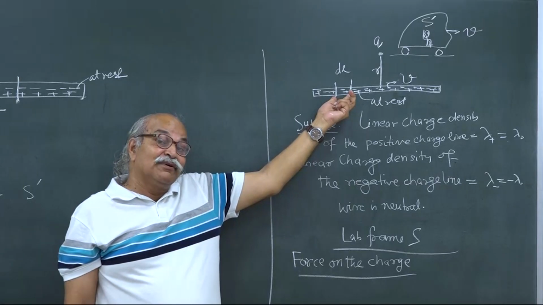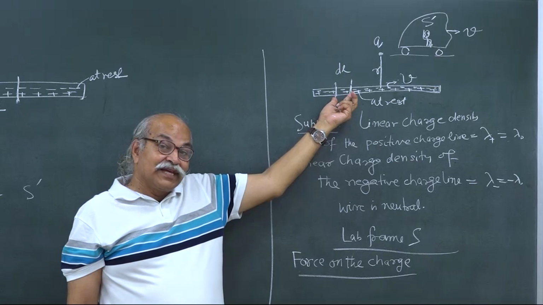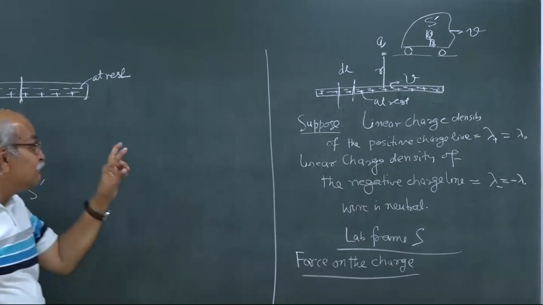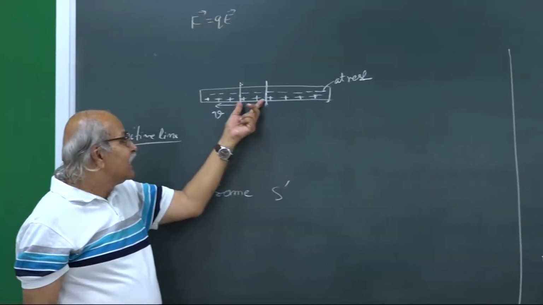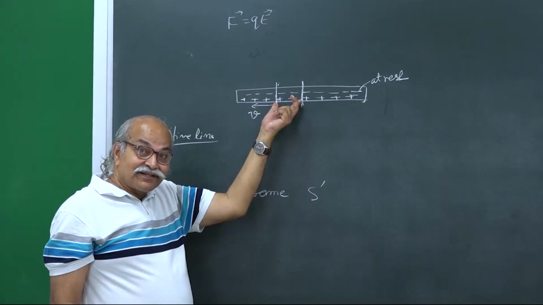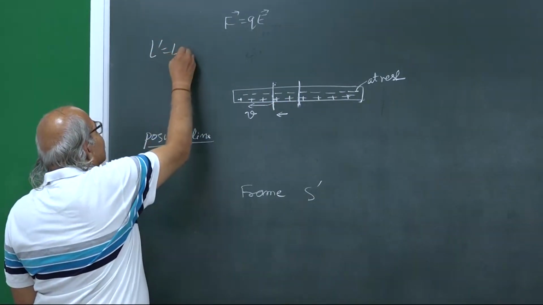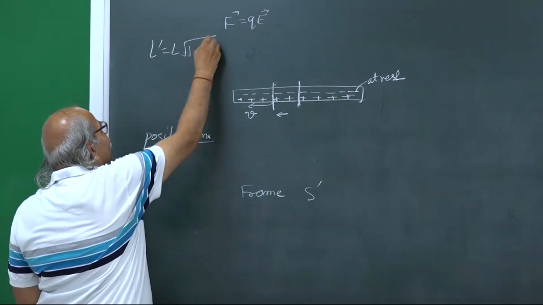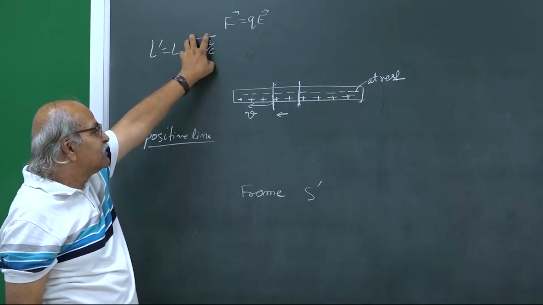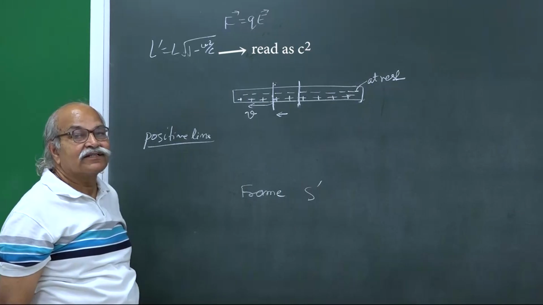It is measured from a frame in which this is at rest. And therefore this length is larger, and if I measure the same red points from S prime, this is shorter, because you have that relation L prime is equal to L square root of 1 minus v square by c square. So, by this factor, this length is smaller and that length is larger.